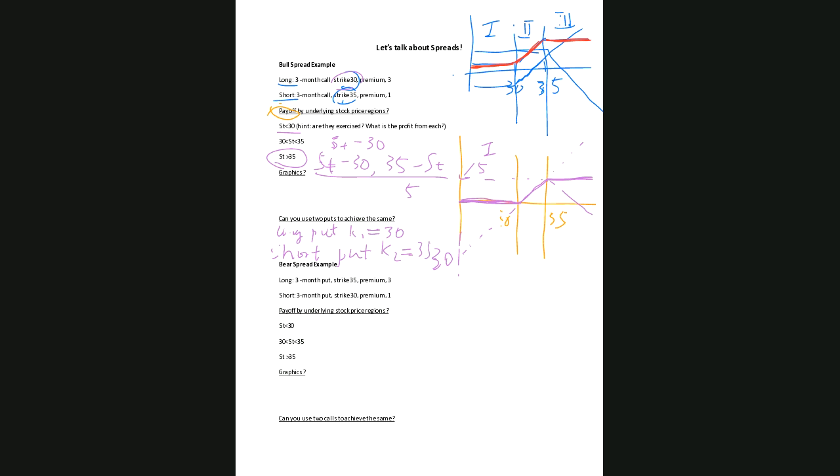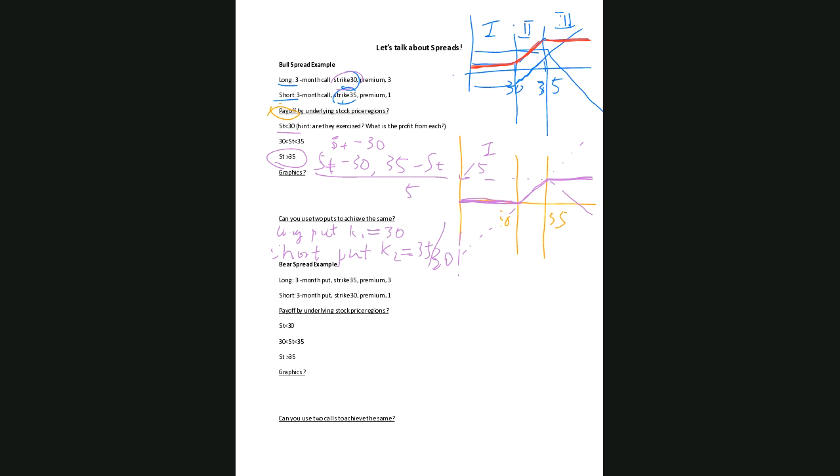So this is your way of navigating this question, and that should be enough. If you want to finish the bear spread by yourself, please go ahead and do it. Next time we are going to talk about how to do the bear spread.